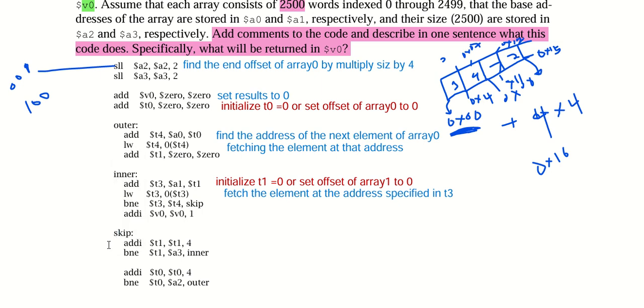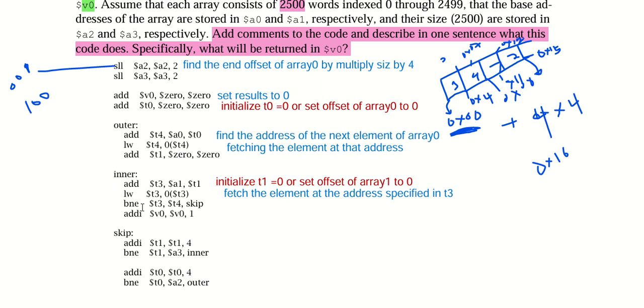Now when you come to skip, the offset for, I think, the inner array, right? The offset for the array 1 is increased by 4, right? And now if you realize that the offset is not at the end of the array, we go back to inner, right? So this is what causes the loop. And yes, we've realized it.